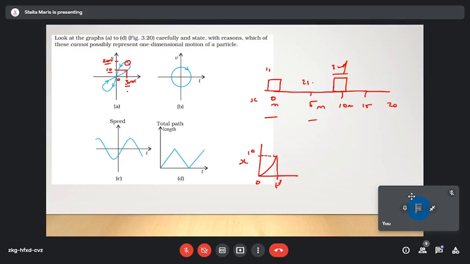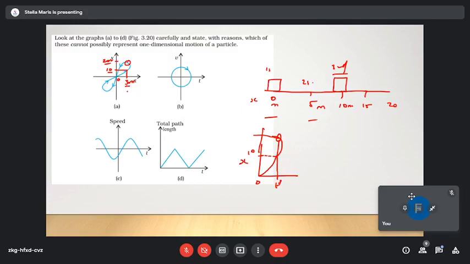But here there is another position also involved at this third second. You understand? Yes, sir. So can the body have two positions at the same time? No, sir. Yeah, that's what happens here.